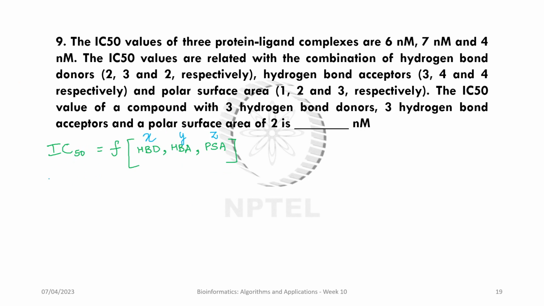Now let's write the given information here. So we have 6 nanomolar, 7 nanomolar, and 4 nanomolar as the three cases wherein the IC50 values are related to the combination of hydrogen bond donors, which is HBD, as 2, 3, and 2 respectively, and these go with the coefficient X, and hydrogen bond acceptor as 3, 4, and 4 respectively.